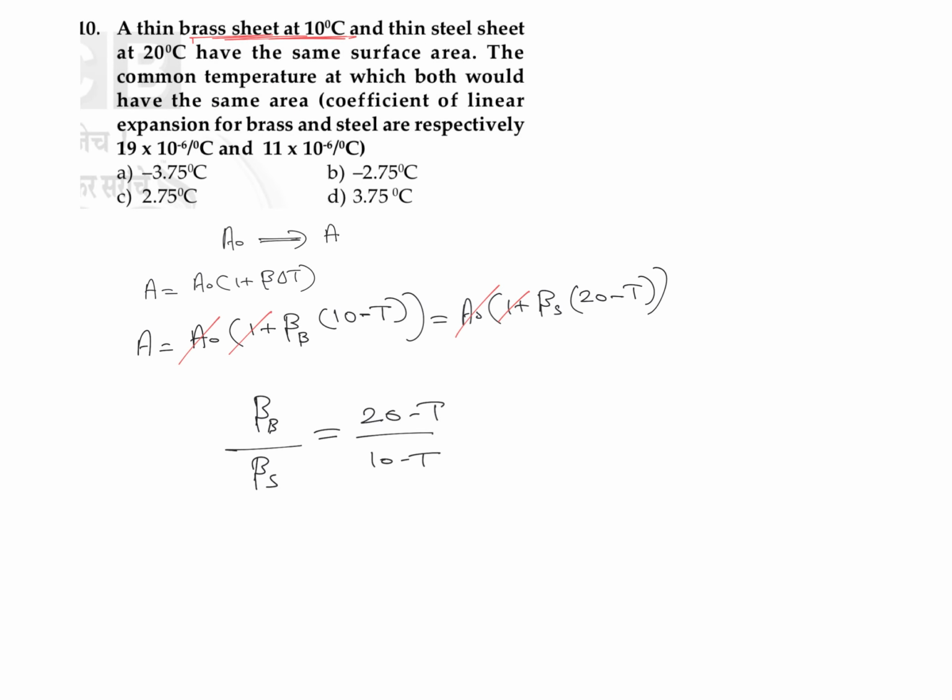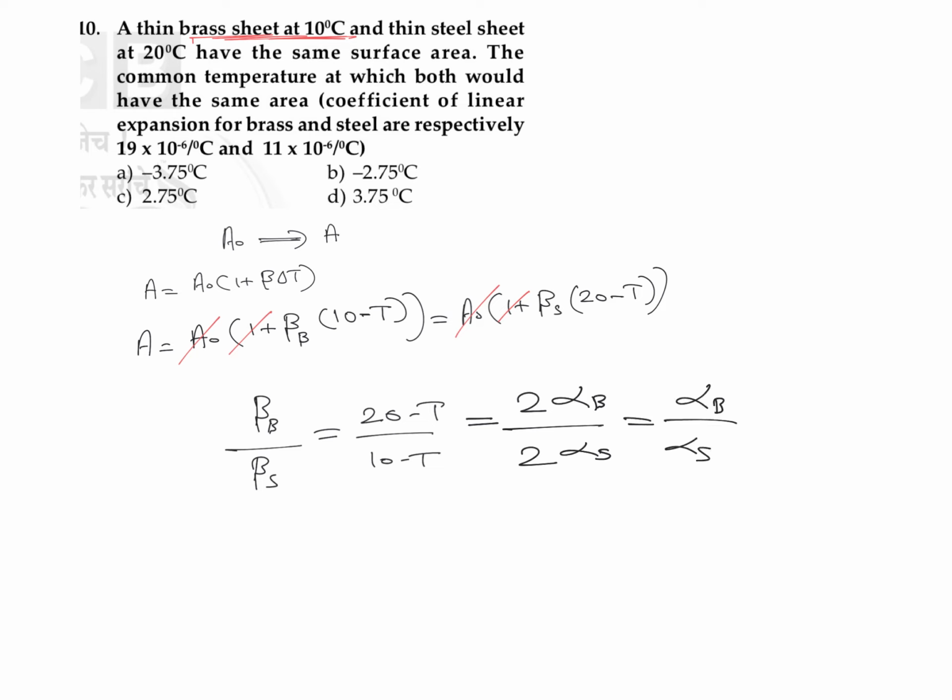Now we know that the coefficient of linear expansion is given. The coefficient of areal or superficial expansion is 2 times the coefficient of linear expansion. So we can write 2 alpha of brass divided by 2 alpha of steel, and we can cancel the 2, giving alpha of brass over alpha of steel.